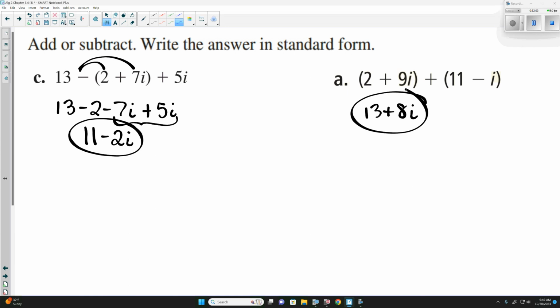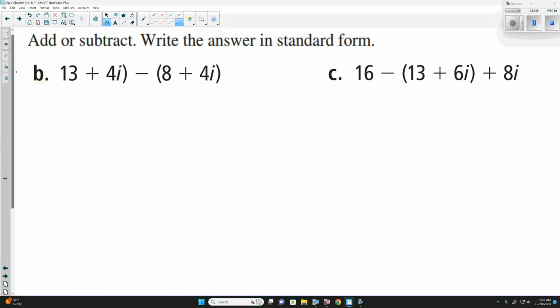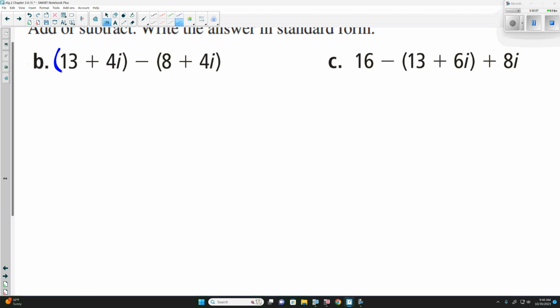So that's the answer. Should be a parenthesis there.